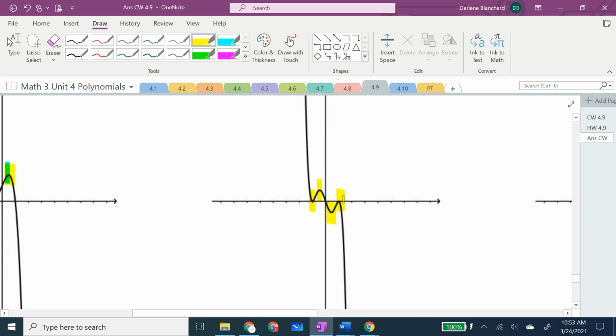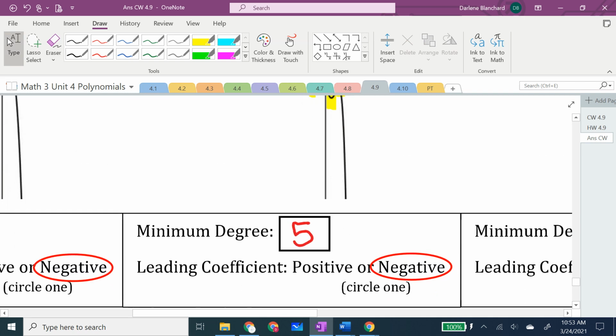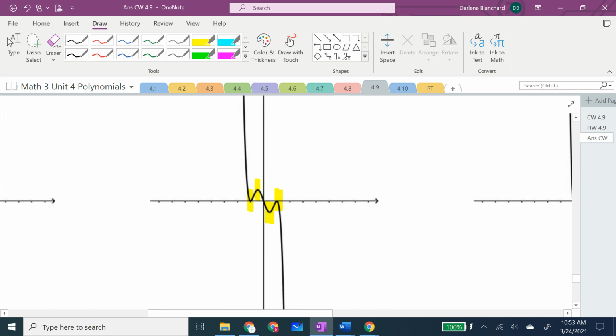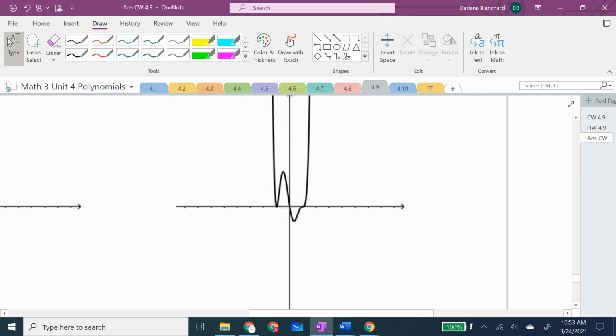So I have 1, 2, 3, 4. 4 relative minimums and maximums, add 1, 5. And then with this one, I have 1 minimum, 1 maximum, and 1 minimum. I can see that this is a wiggly thing, but that's the only wiggly piece. So that means I'm going to count 1, 2, 3, 4, 5, plus 1 is 6.